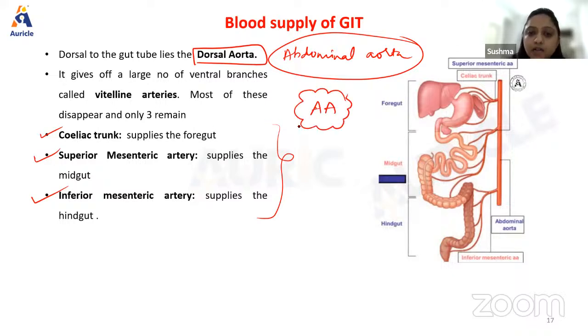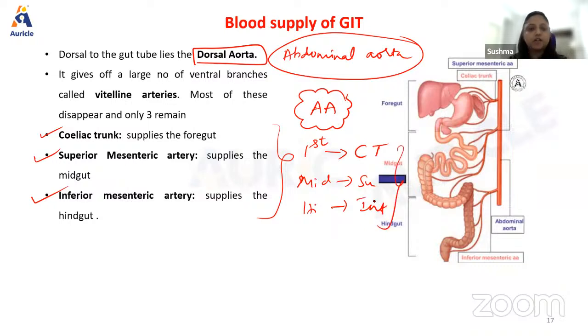The first branch that supplies the different structures in the foregut is the celiac trunk. Then, of course, in the midgut, we have superior, right? Superior is always higher. In the hindgut, we have inferior mesenteric artery. Celiac trunk, superior mesenteric artery, inferior mesenteric artery that supplies the hindgut. Okay, understood?